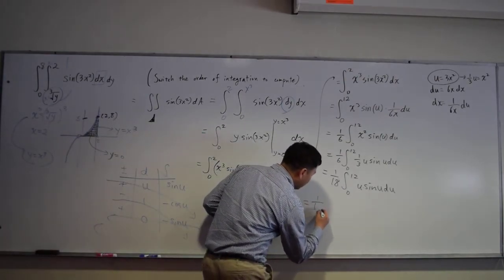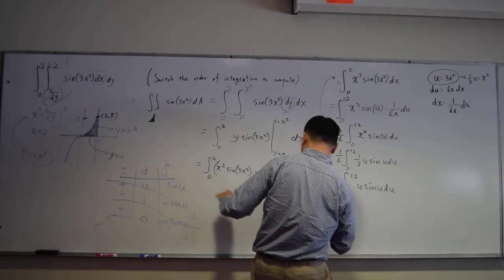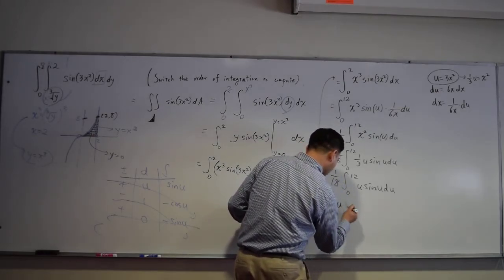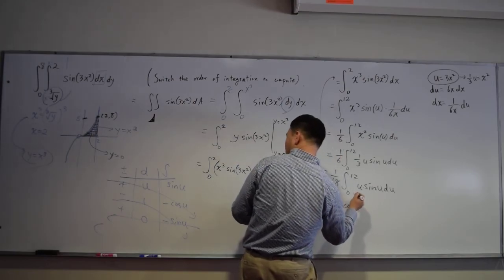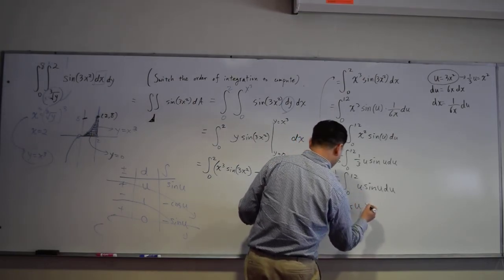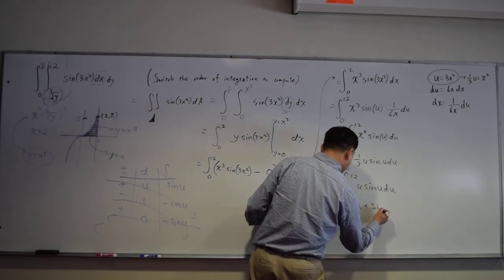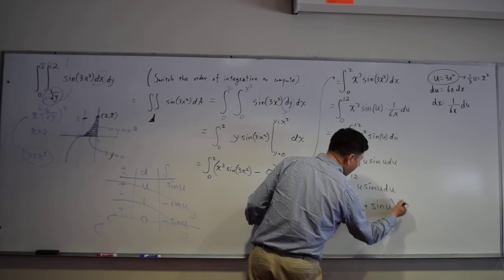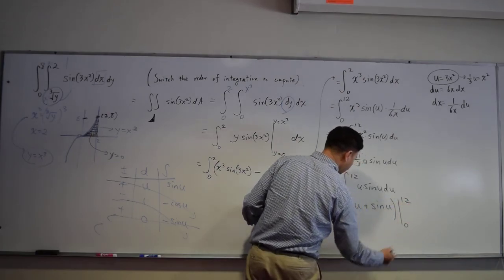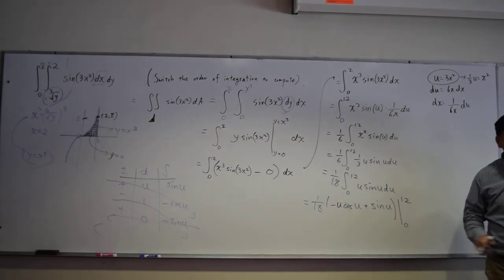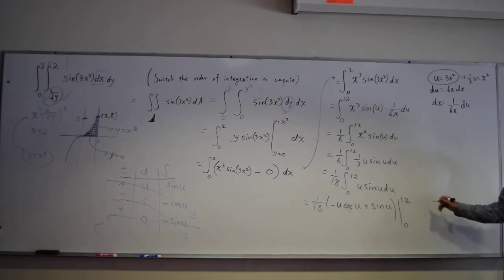So that gives you, let's see, what's the result? This is 1/18 negative u cosine u, okay, and then plus sine u. And you're plugging in 12 and 0. You don't need the plus c when you're doing definite integrals.